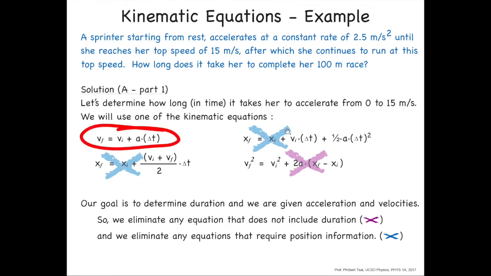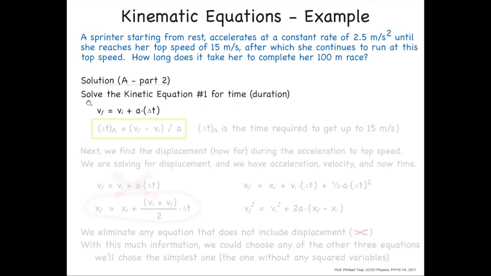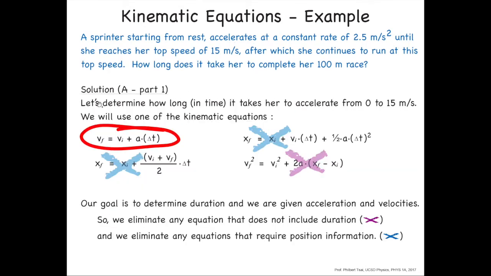And that just leaves this first kinematic equation, which tells us that the final velocity is the initial velocity plus the acceleration times the duration over which she was accelerating. We can take that equation and solve it for the thing we're interested in, time, and see if we have everything we need.